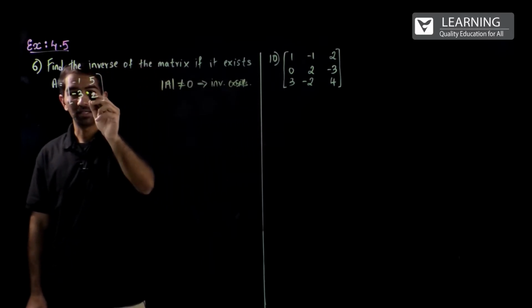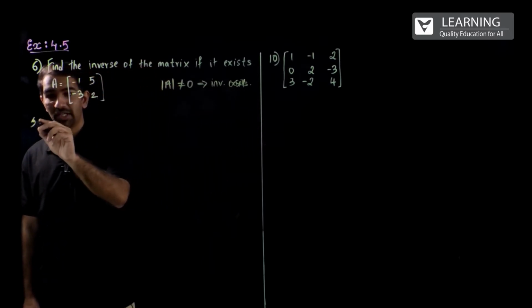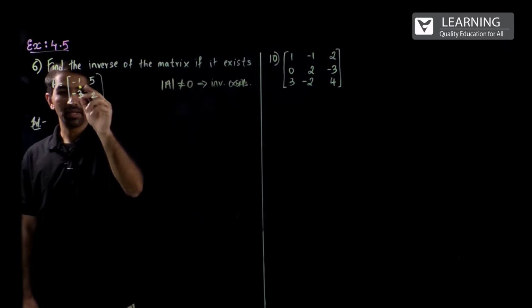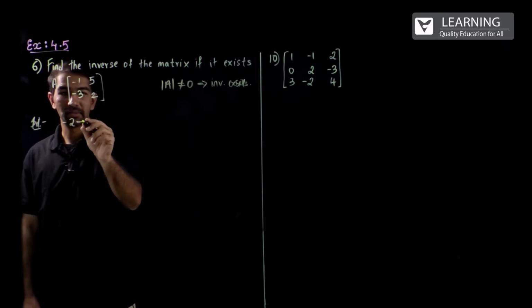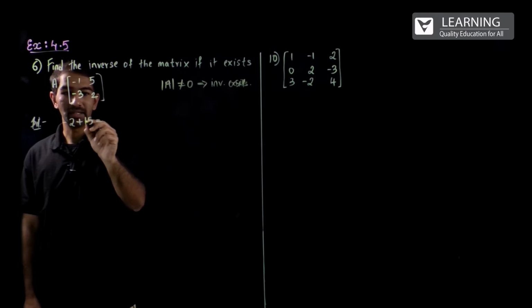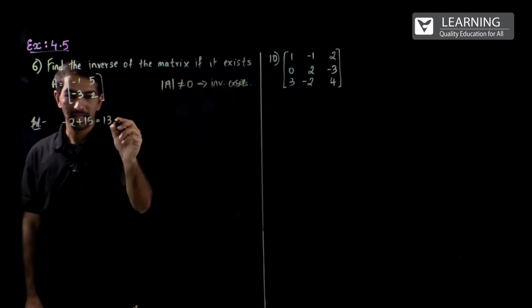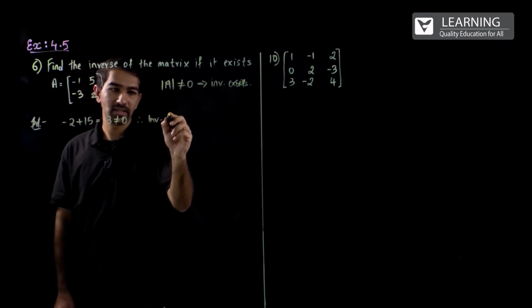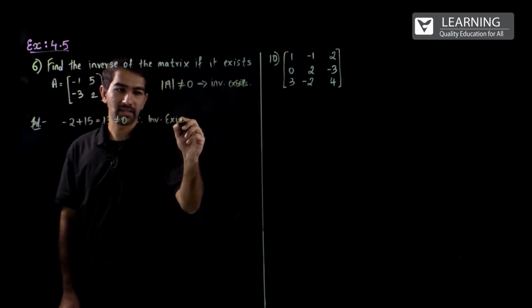So here we'll start. Determinant of A we will find out to check whether the inverse exists or not. Solution: determinant of A will be equal to minus 2 plus 15, which is equal to 13, which is not equal to 0. Therefore, the inverse exists.